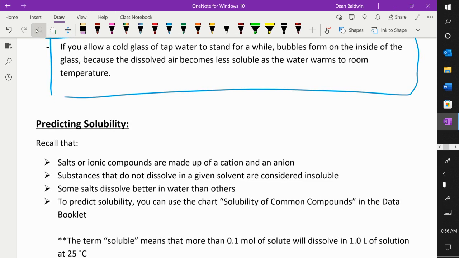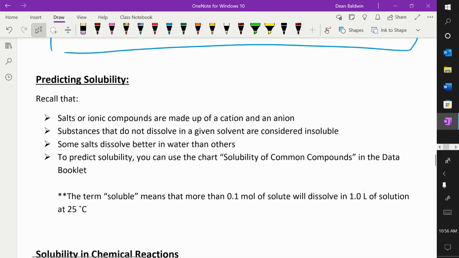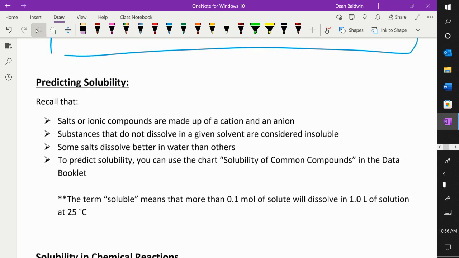Okay, predicting solubility. Our data table defines soluble as more than 0.1 moles of solute dissolved in 1 liter of solution. That's the definition in the data table, and it's at 25 degrees.